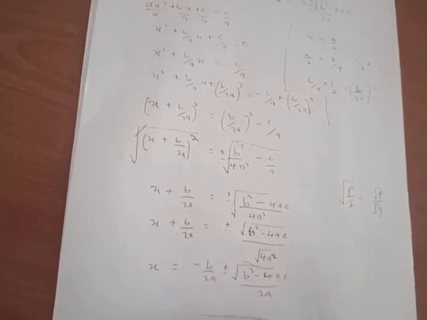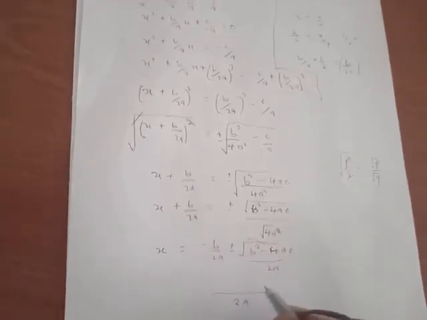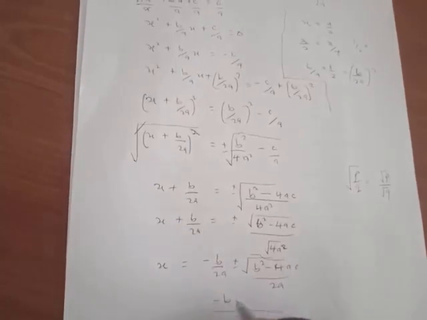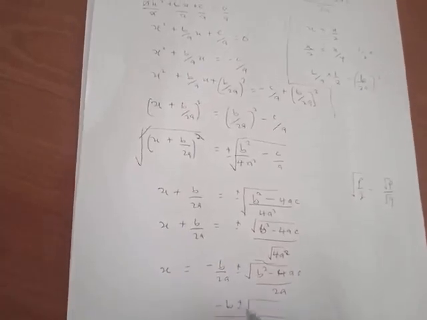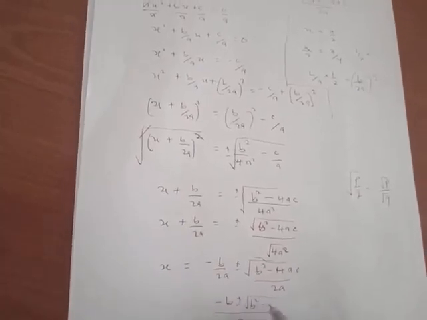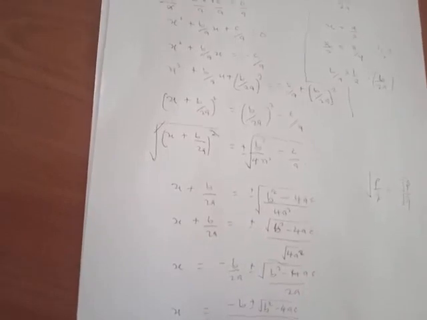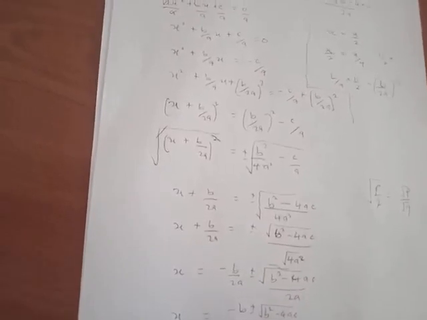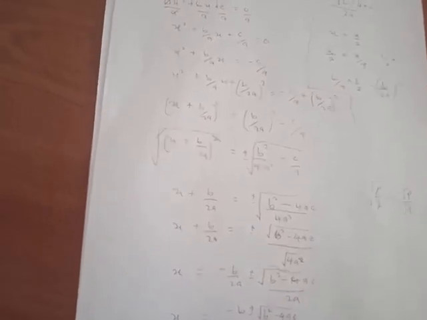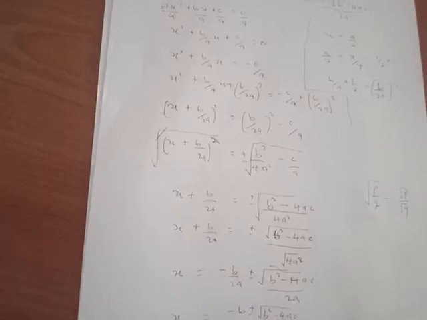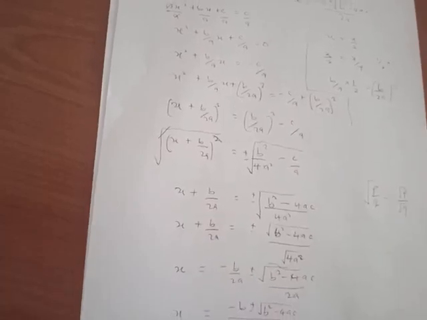If the LCMs are the same, you can just add the upper terms. So we have minus b plus or minus root of b squared minus 4ac. So on the other side we have x. Therefore, the almighty formula is x is equal to minus b plus or minus root of b squared minus 4ac over 2a.